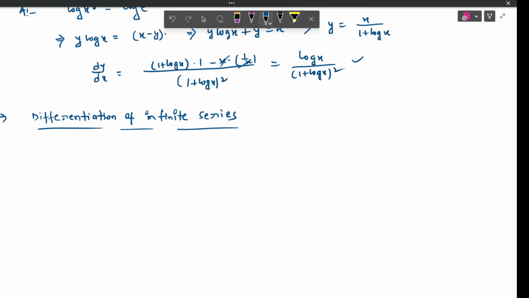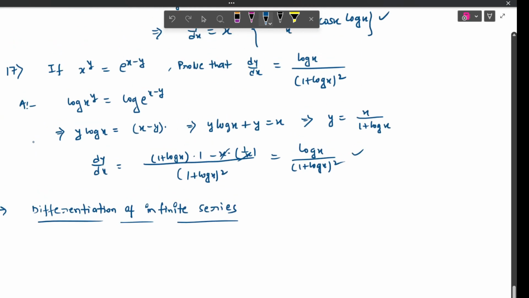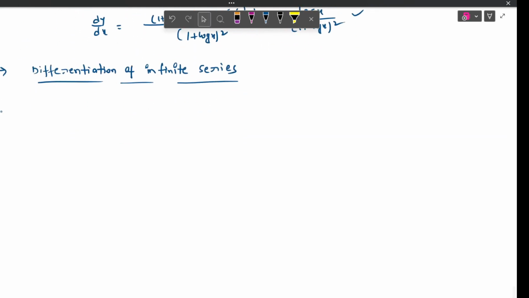Now, what logic we have to apply? Let us see some question. Let us say question number 18. If y equals to x to the power x to the power x to the power x to infinity, find dy by dx.